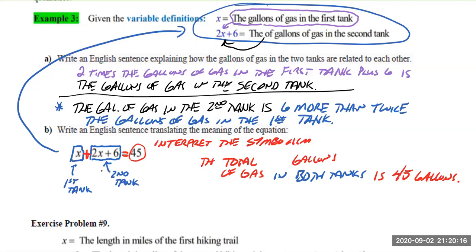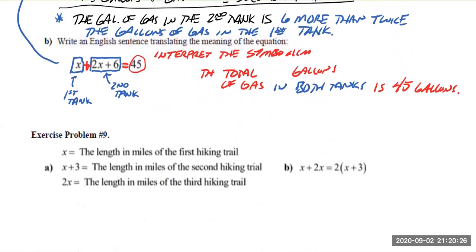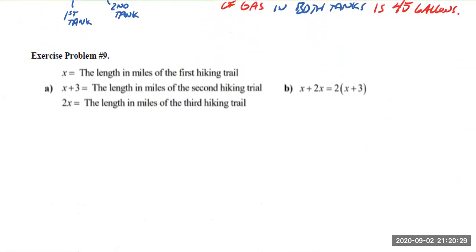So once I recognize the expressions, I can interpret the symbolism around it. All right, so let's try this next one, number 9. I'll go a little bit quicker here.